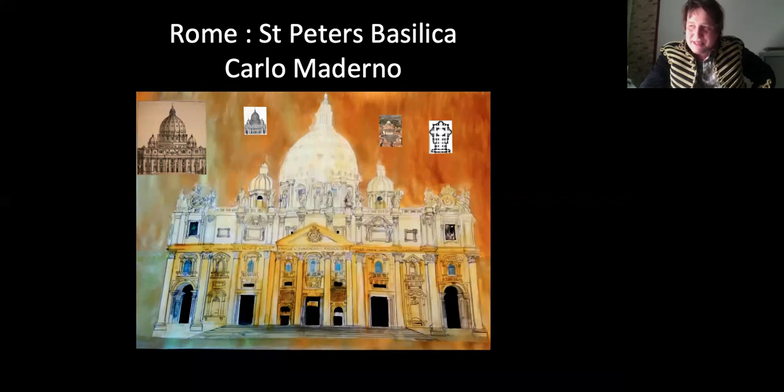And so by having this Medici Pope in power, what happened was that he completely destroyed the old building and then got Michelangelo to stop working on the Medici tomb. We will see that in the slideshow.